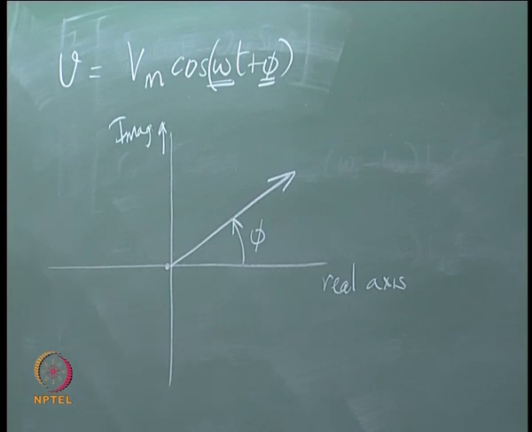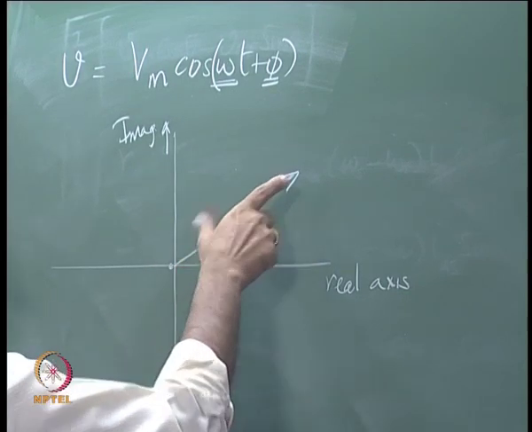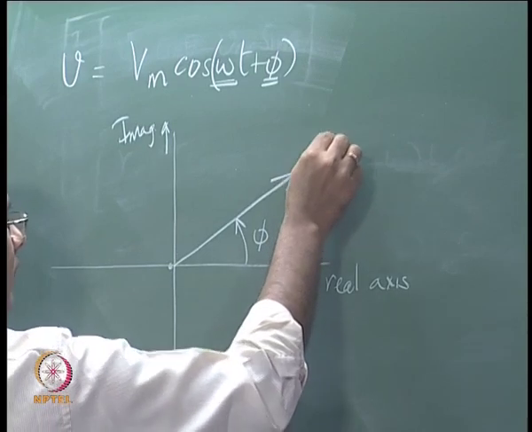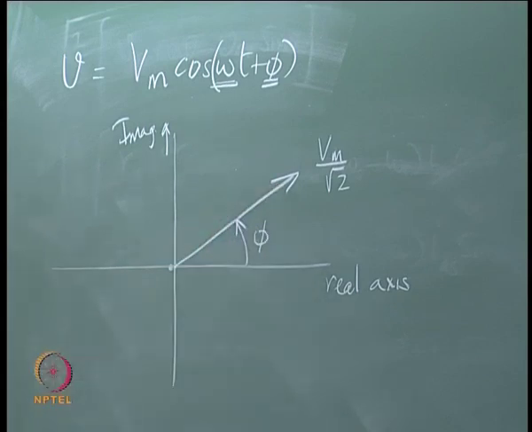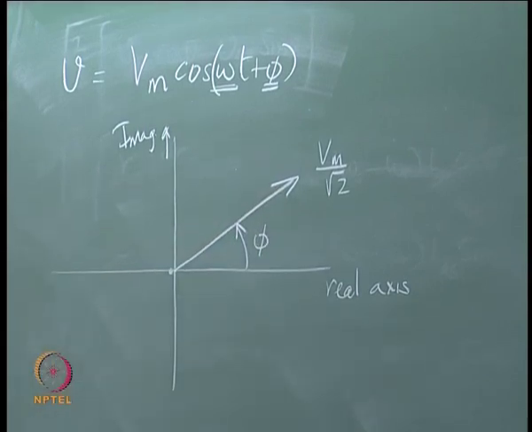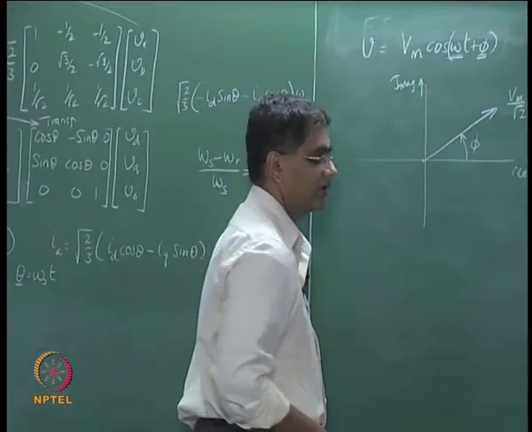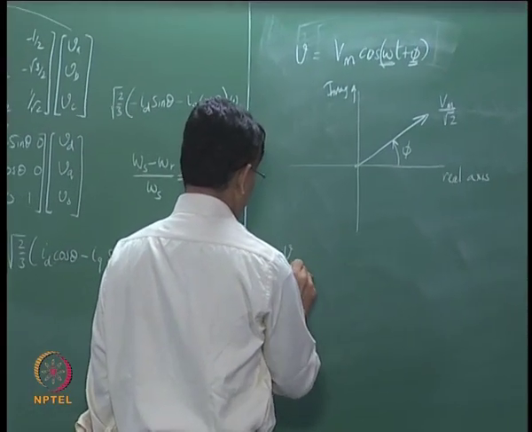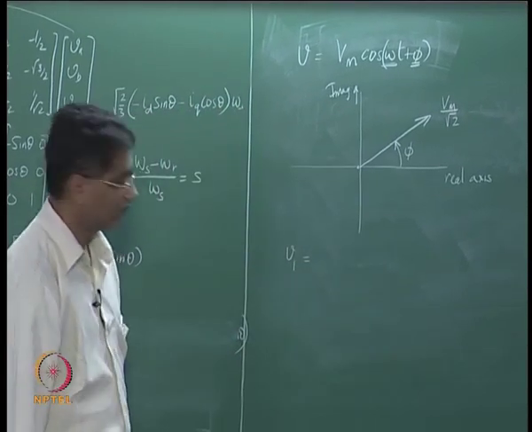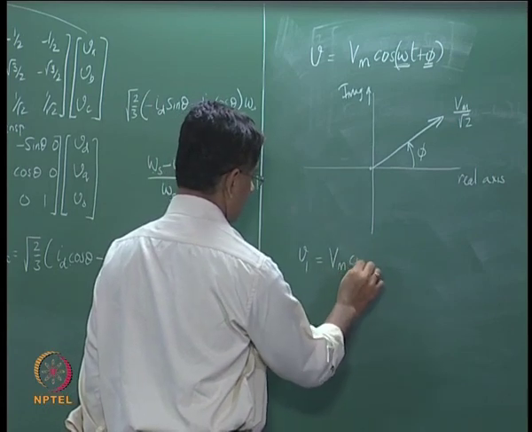The length of the arrow is normally taken to be the RMS value of the sinusoidal waveform. So the length of the arrow is Vm by root 2, that is this length. So if this is the representation of Vm cos omega t plus phi, let us say now you want to represent a term V1 which is Vm cos omega t.